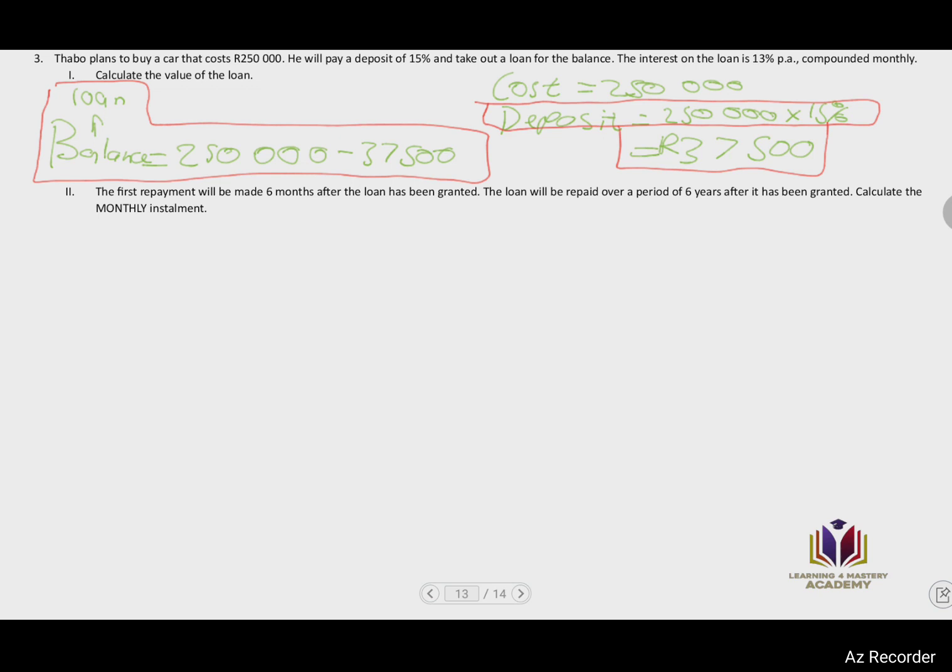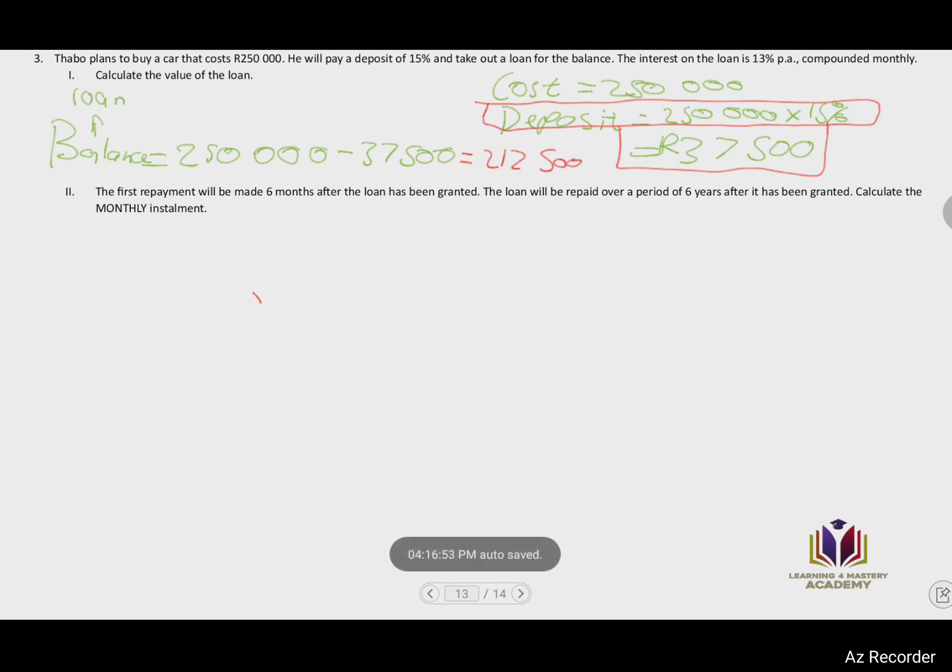The balance is going to be, we actually didn't get the final answer here. Let me just finish it off. It's going to be equal to 250 minus 37,500, which gives us 212,500. There we go.